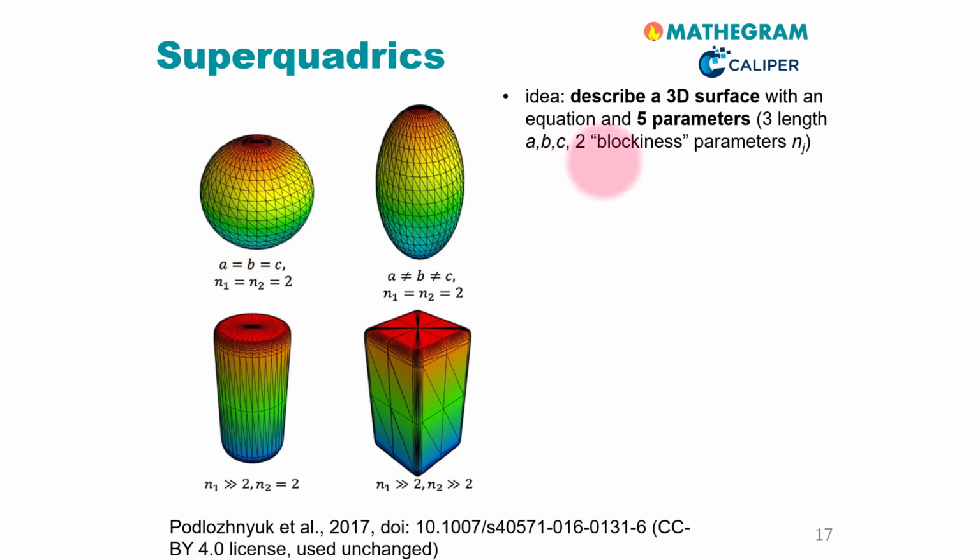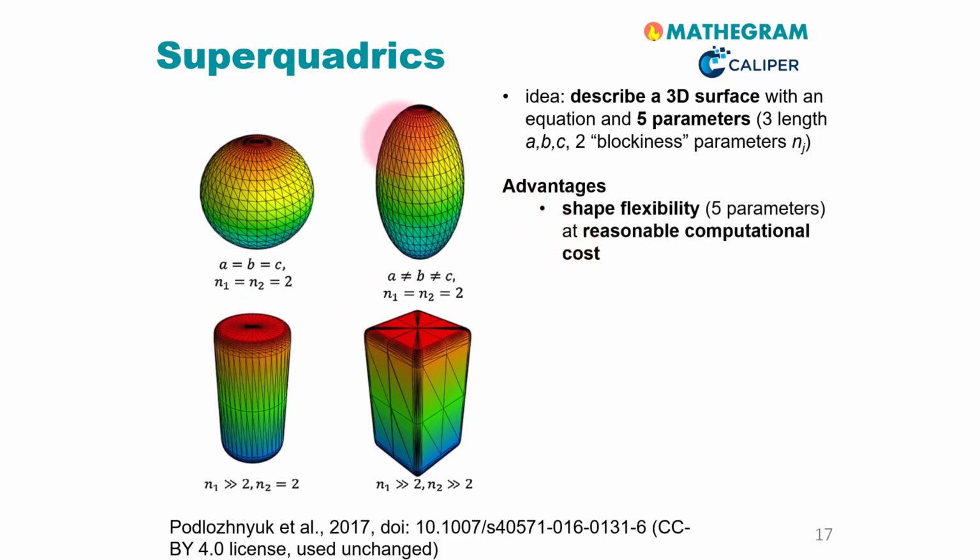And there are 2 blockiness parameters, n1 and n2. Depending on this blockiness parameter, especially if it goes larger than 2, we can model almost flat surfaces. So the advantage of superquadrics is that they have a big shape flexibility with the 5 parameters at a reasonable computational cost.